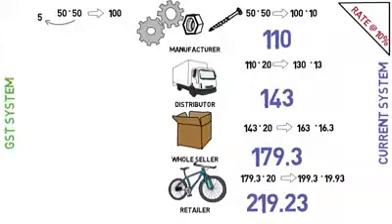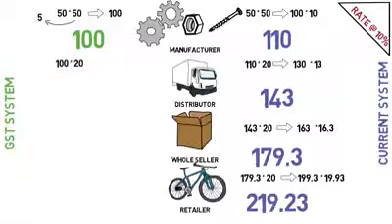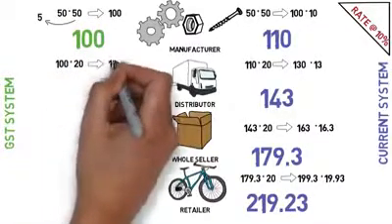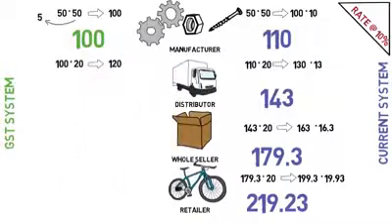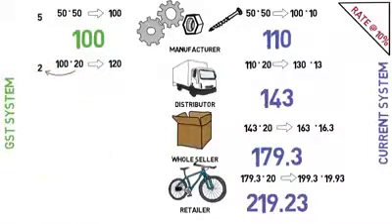But the selling price will not increase, and the cost of the product for the distributor is 100 rupees only. Then the distributor adds 20 rupees profit and the product becomes 100 plus 20, which is 120 rupees. He pays a tax of 2 rupees on his profit of 20 rupees.